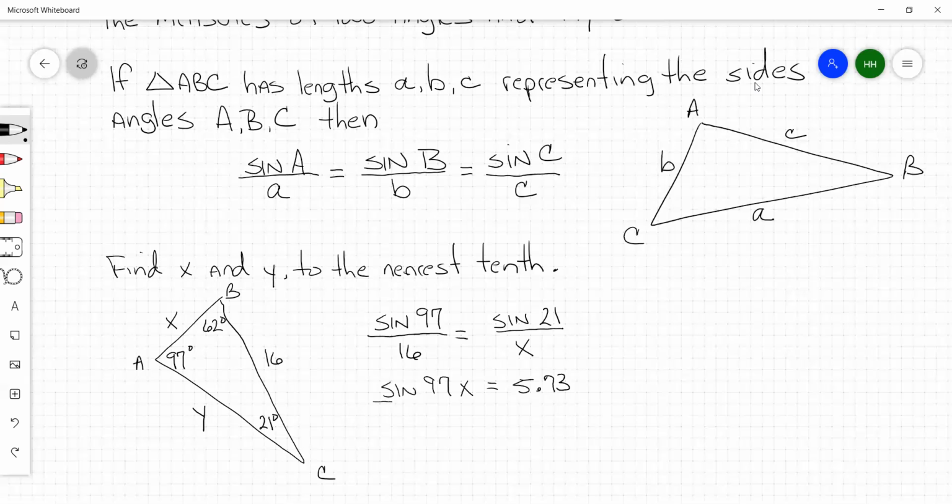If you divide both sides by sine 97 now, the sine 97s on the left will cancel, and your x is equal to, the 5.73 is still sitting on your screen, so all you have to do is push divided by sine 97, hit equals, and 5.78 to the nearest tenth, that's 5.8.